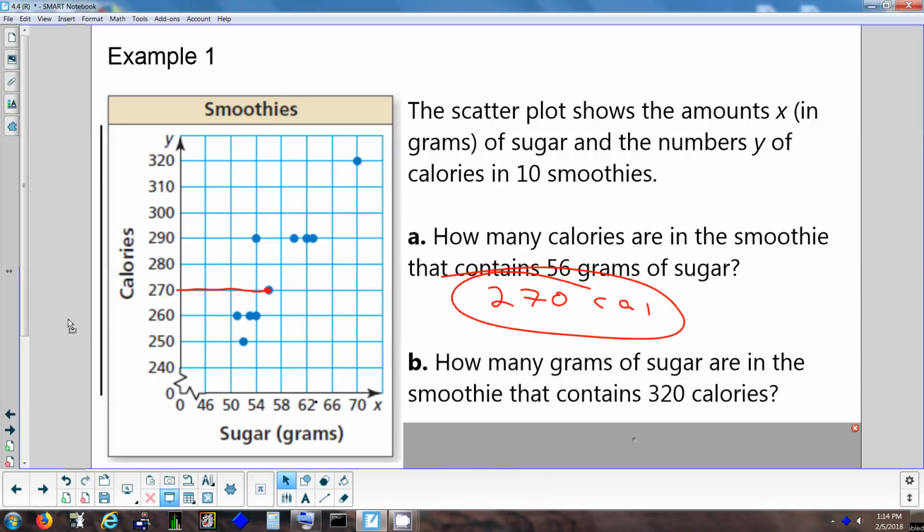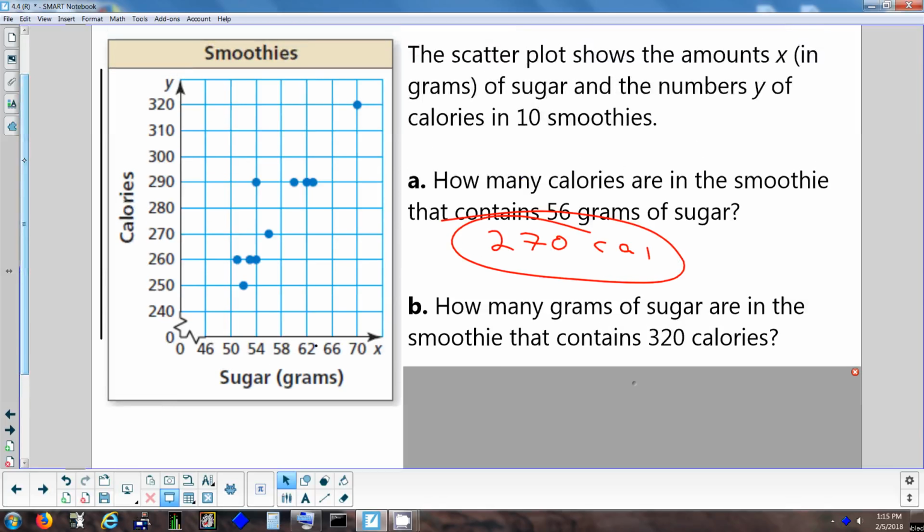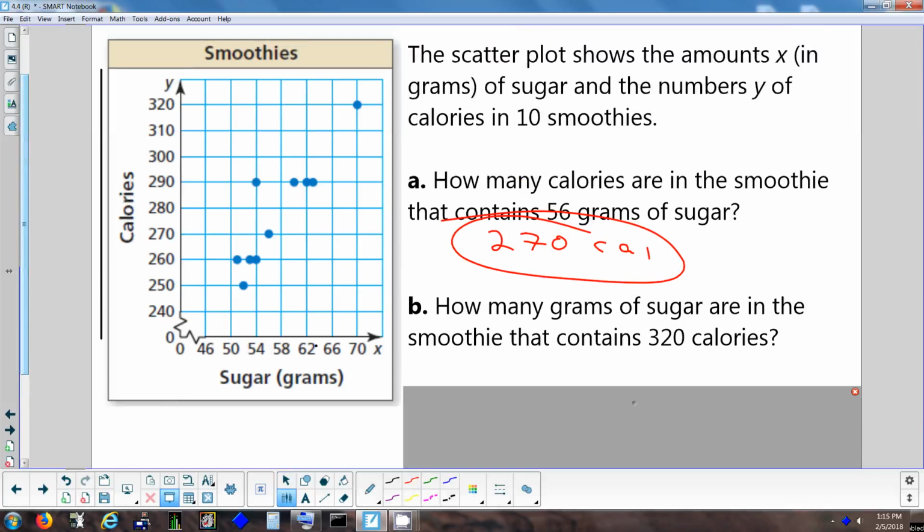Okay, next question. And again, guys, as Mr. Hager said, pay attention to how the scatter plot is numbered. Like this one, again, we had the break. Down at the bottom it was going by 4s, and on the y-axis it was going by 10s. So we have to be able to sometimes estimate where a number's going to be. Will, can you tell me how many grams of sugar in 320 calories?